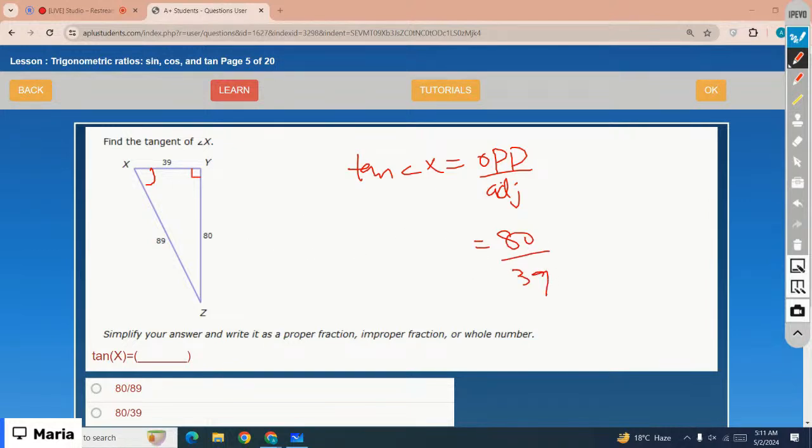That is 80 over 39. The second option is the correct option, 80 over 39.